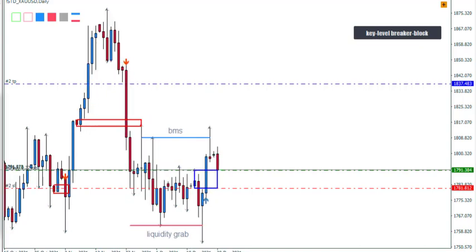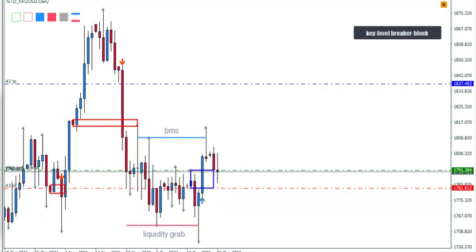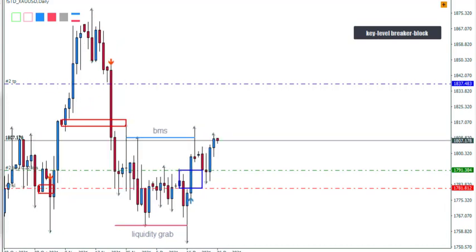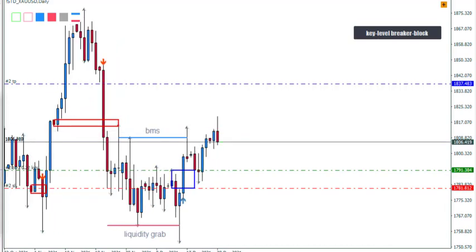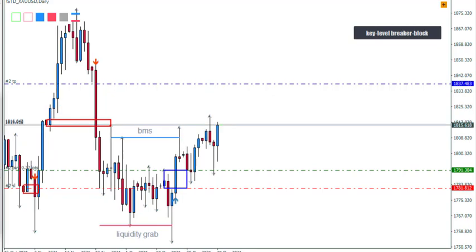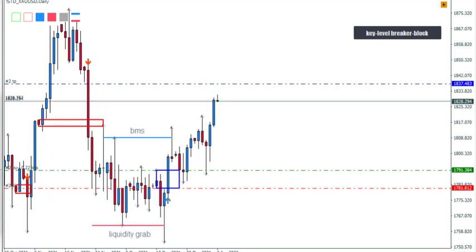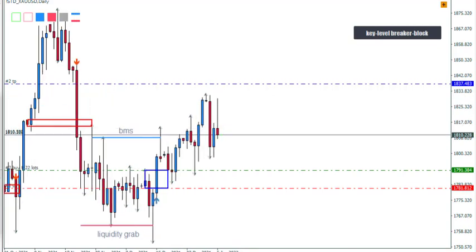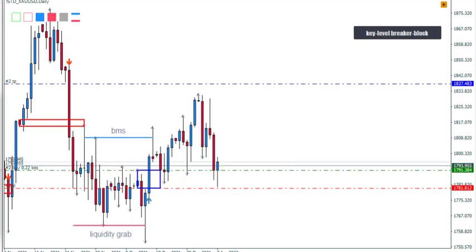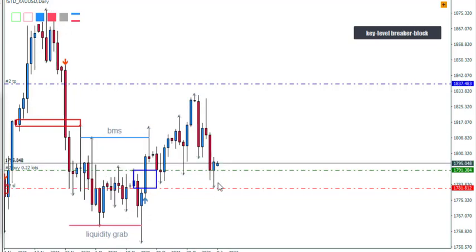Price pulls back and hits the breaker block, triggering our pending order. Let's see how the move plays out. Close, but we still in.